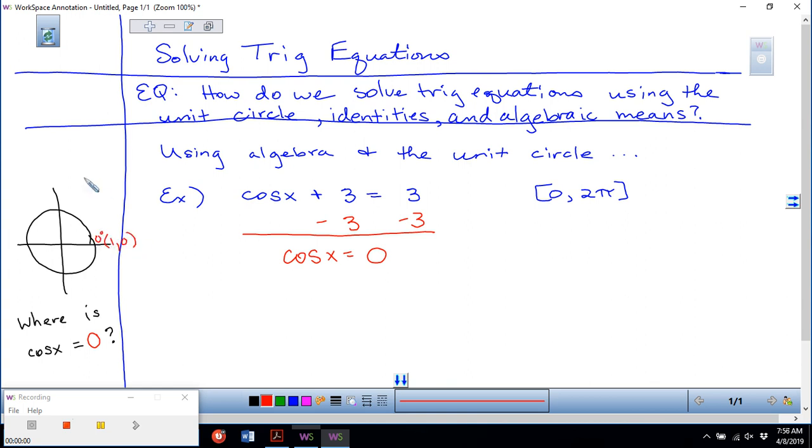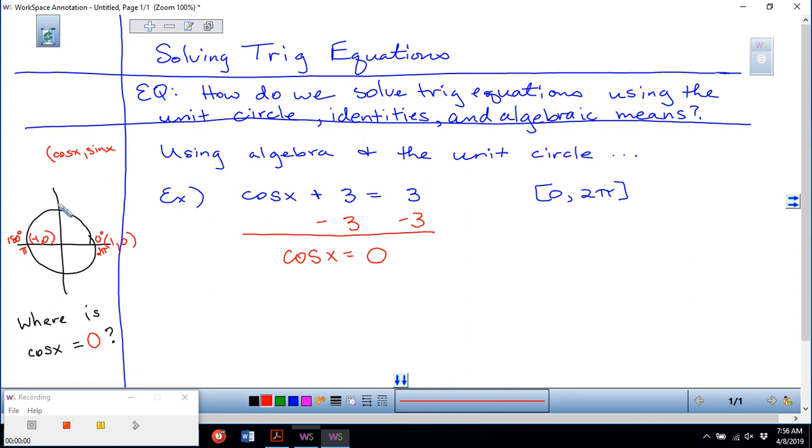Remember, cosine's the first value of the ordered pair, sine is the second value. So at 0 degrees and 2 pi, we have the ordered pair 1, 0. Over here at 180 degrees, or pi, we have the ordered pair negative 1, 0.